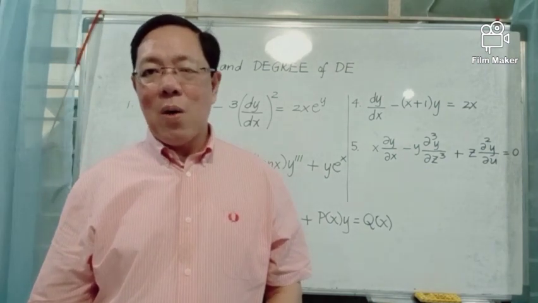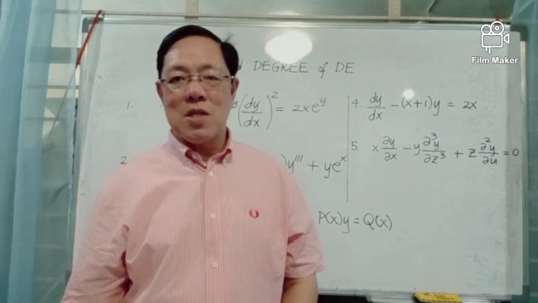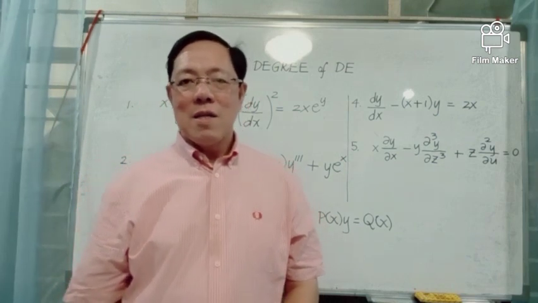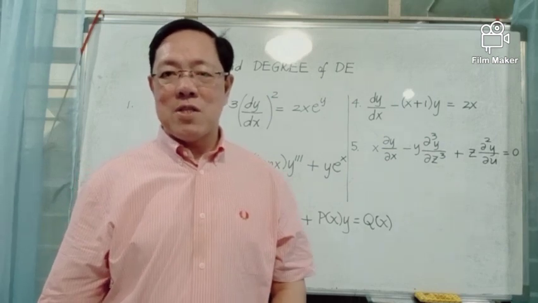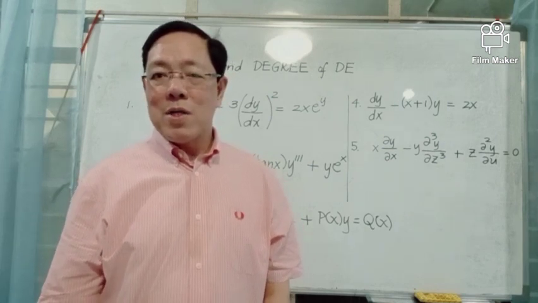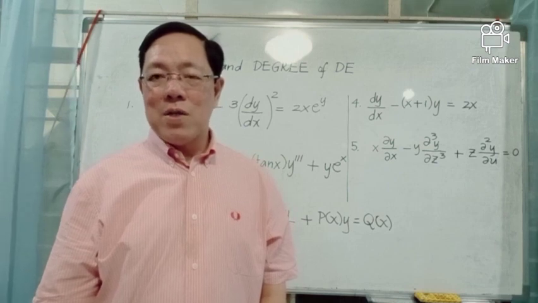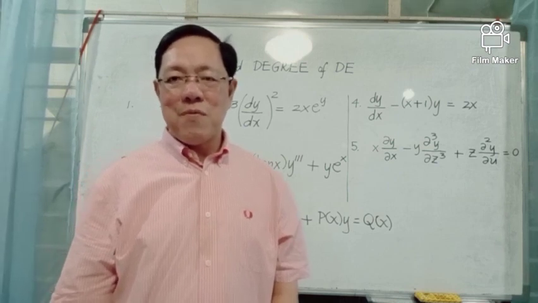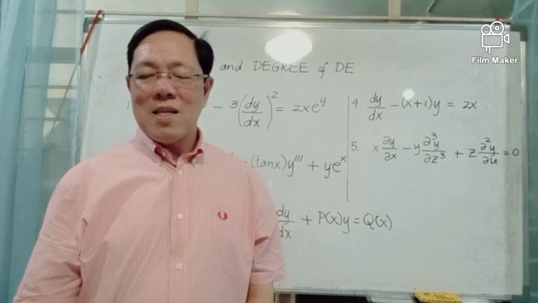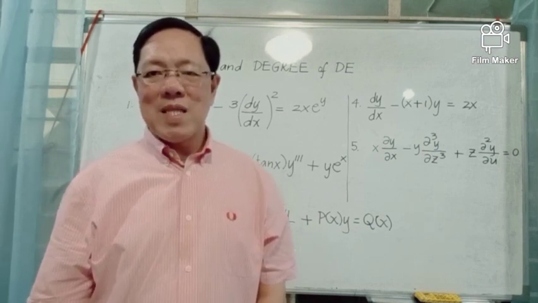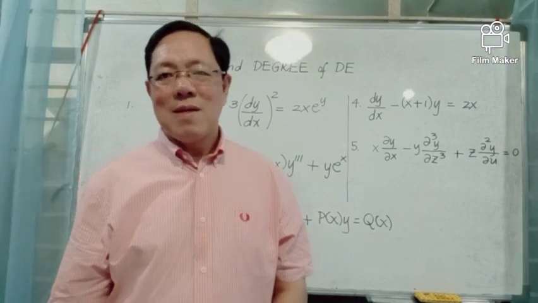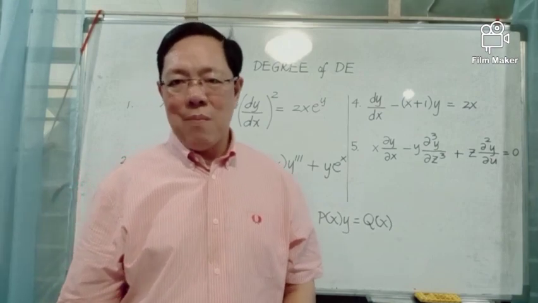In determining the order, just look for the highest derivative of the function that occurs in the given differential equation. The order of that highest derivative is the order of the given differential equation. We consider the following examples.